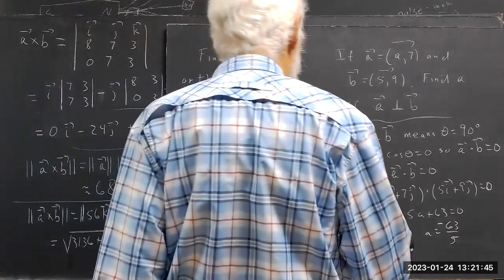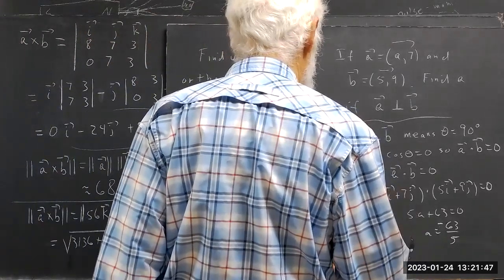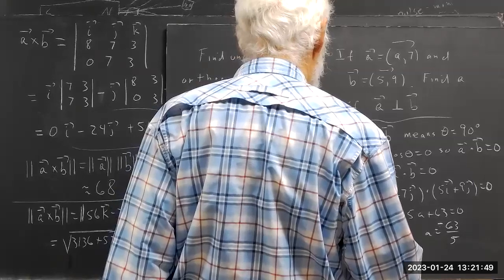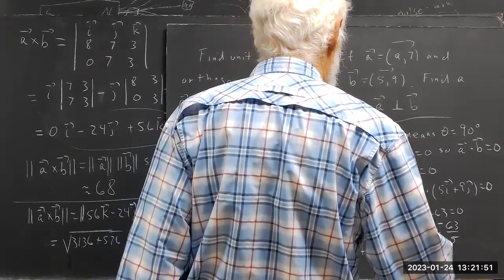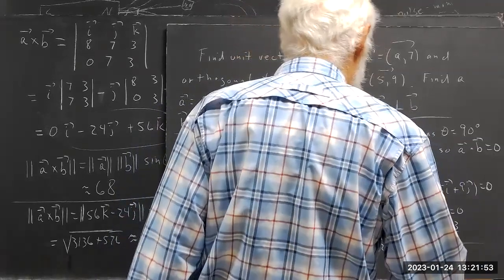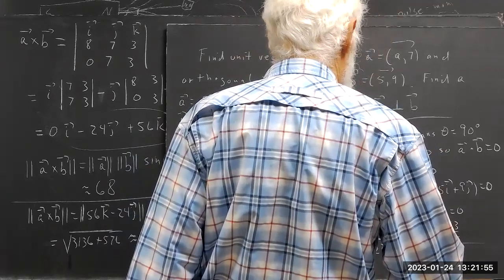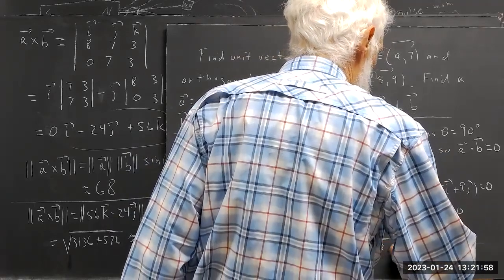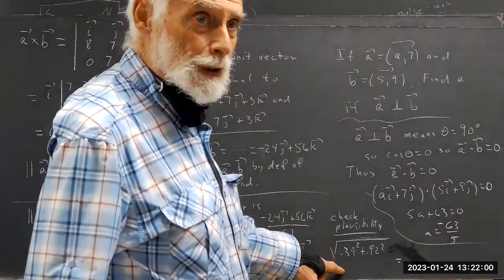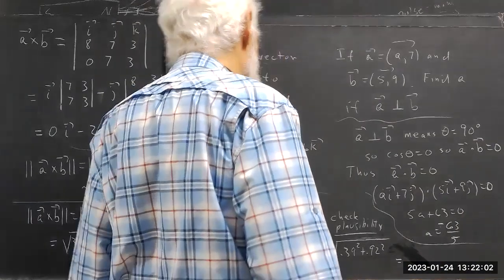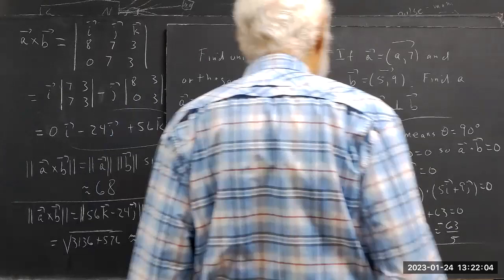Check plausibility. And of course, you do this in calculators and stuff. If the calculator agrees with me, then you know it's working well. Okay, 0.39 squared is going to be a little less than 0.16.